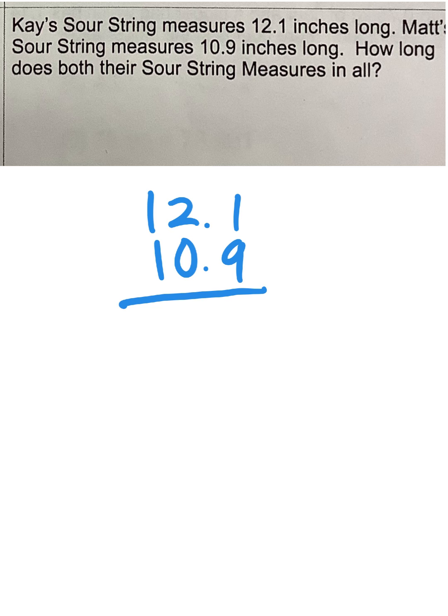So which sign should we use here and how do we know? So we're going to be adding 12 and 1/10 and 10 and 9/10. So our final answer is 23.